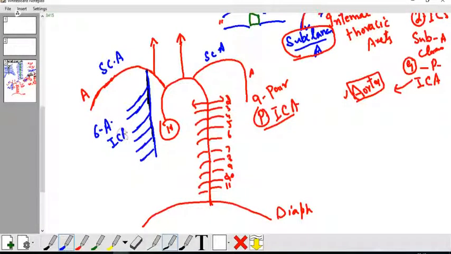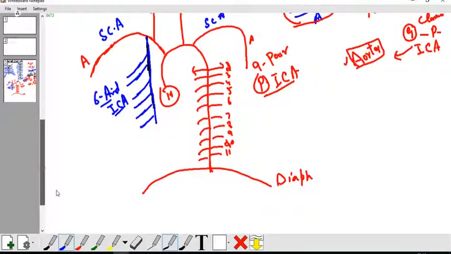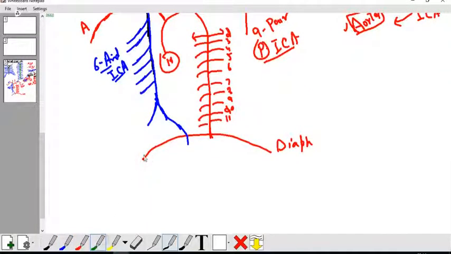The 6 anterior intercostal arteries come off directly, and then this artery goes down to the diaphragm and divides into 2. Below we have the abdomen, above we have the chest, and this level is the diaphragm. This artery has now entered the abdomen and is known as the superior epigastric artery.